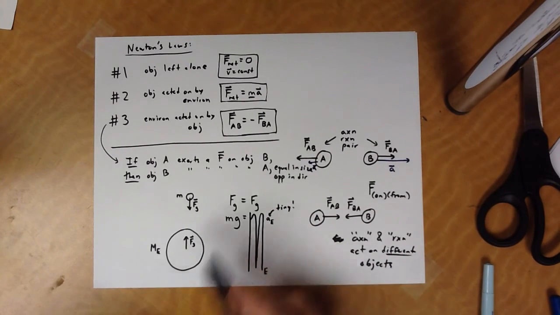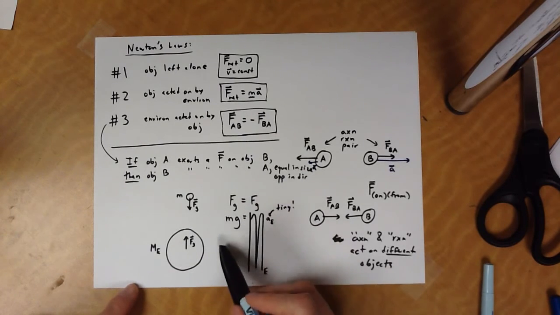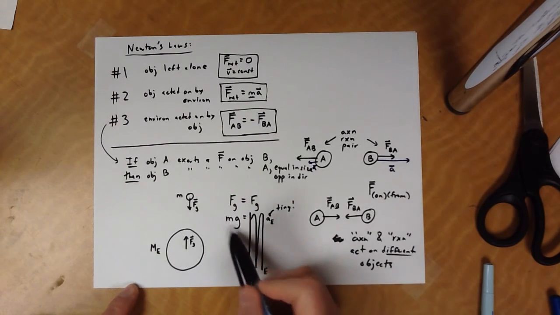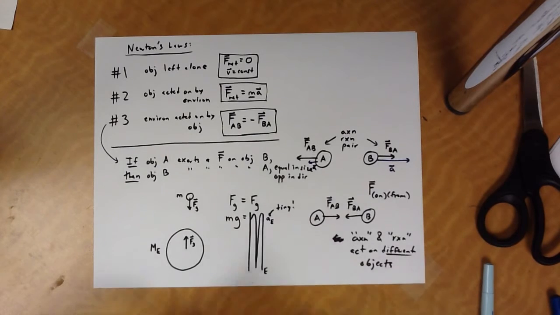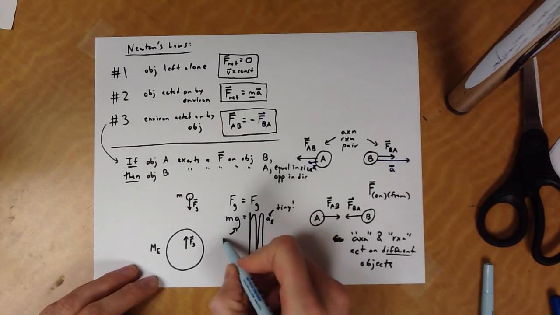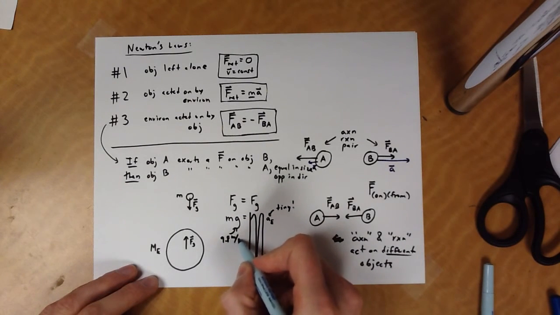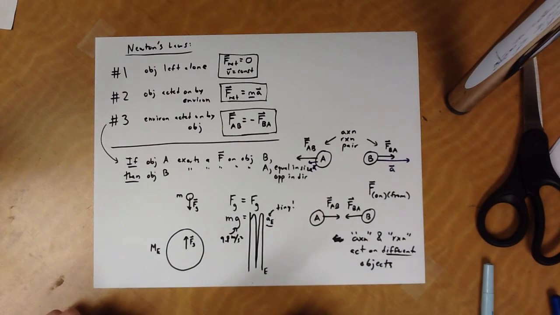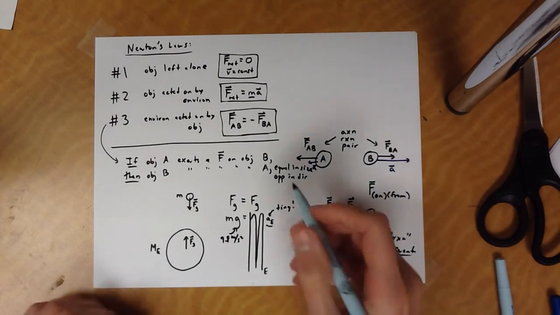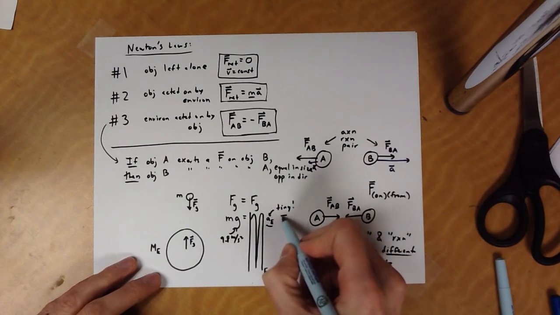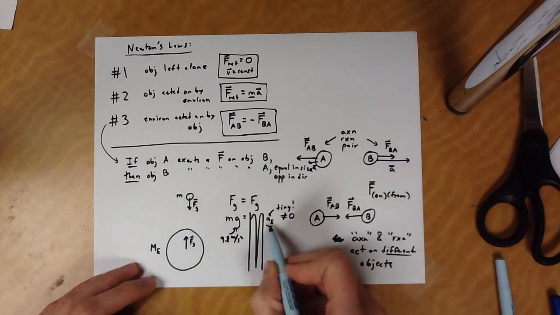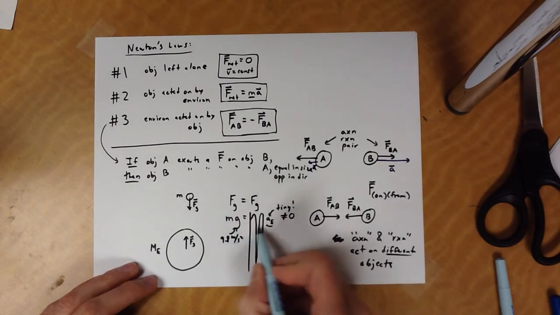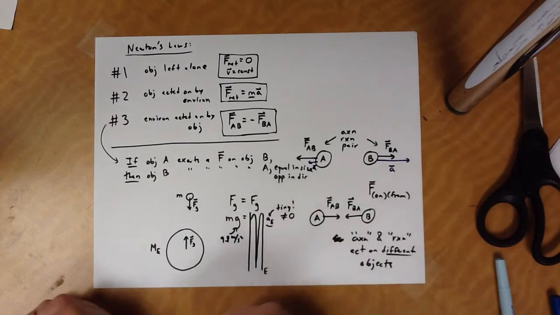So it's not that the forces aren't equal, it's just that because there's such a drastically big difference in the masses, the accelerations are nowhere near each other. While this may be a sizable 9.8 meters per second squared, this, in fact, is so tiny that it's going to be an extremely small number. But notice, it's not zero.